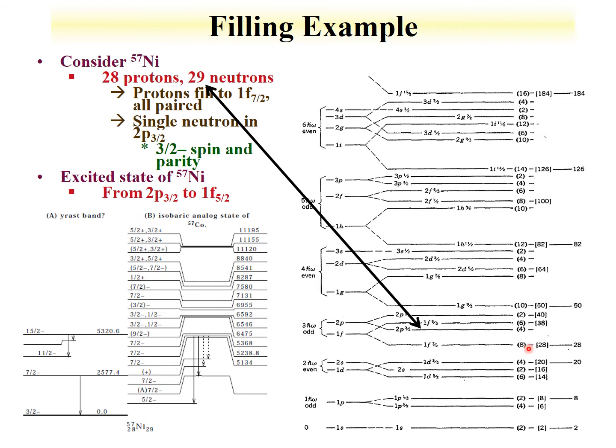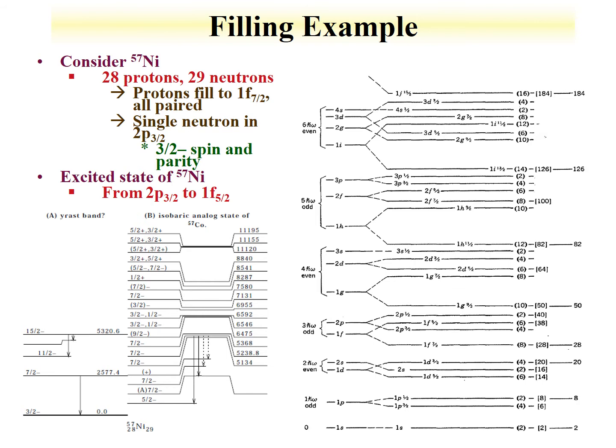The 29th lives in the 2p 3/2 orbital. P has an angular momentum of 1, so negative parity, 3/2. We would expect the spin and parity of nickel-57 to be 3/2 minus, and sure enough, the ground state is.